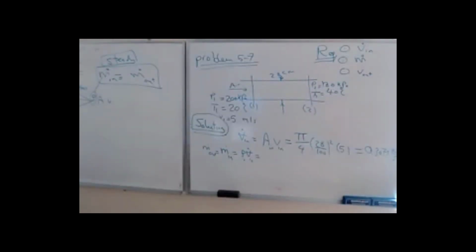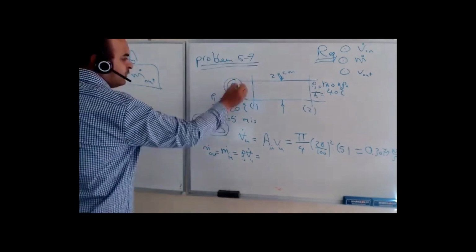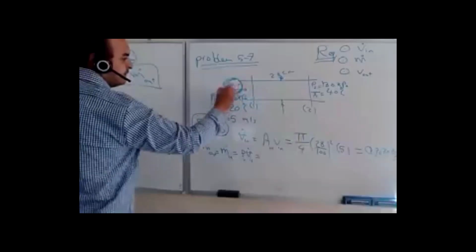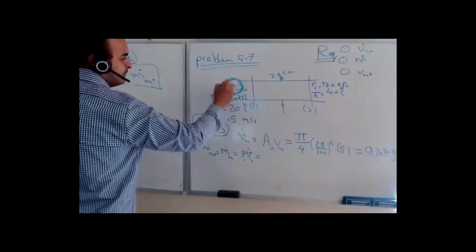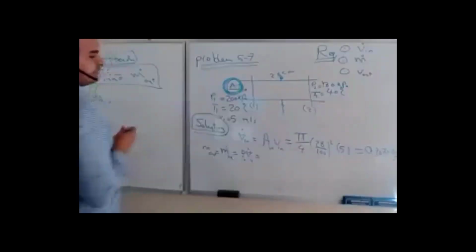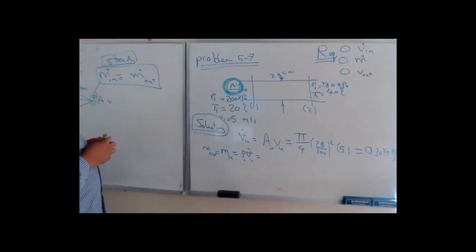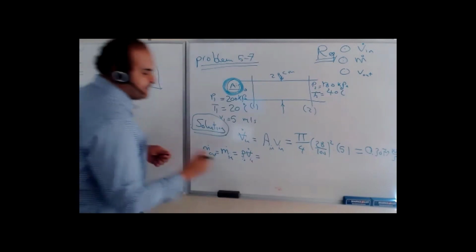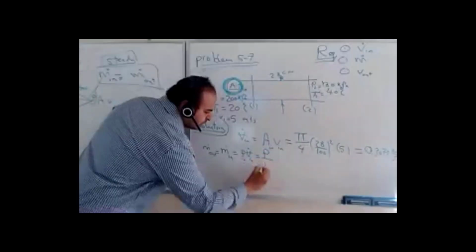So rho, guys, how can I get rho? This is air. Is it P over RT? Exactly, perfect. Just P over RT.